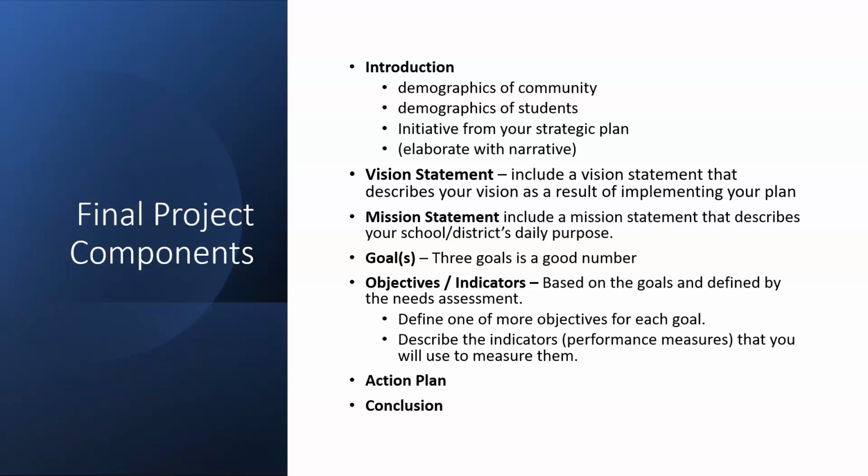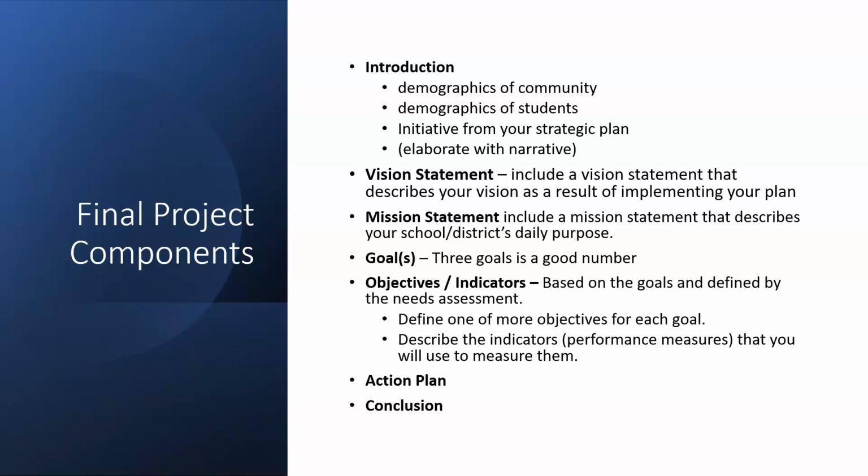This could have to do with geography as far as the community, what's around it, and for the students, you want to have the number, how many are at risk, how many are maybe free and reduced lunch, your racial breakdown, gender breakdown, and other factors that might influence your work. You should elaborate on this with a narrative, not just put bullets.